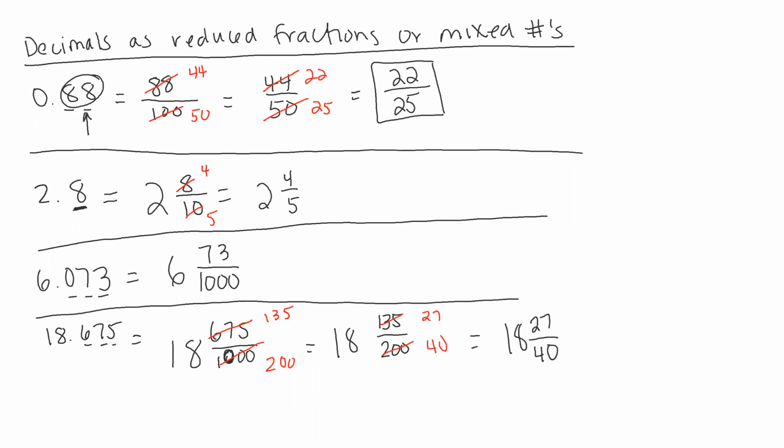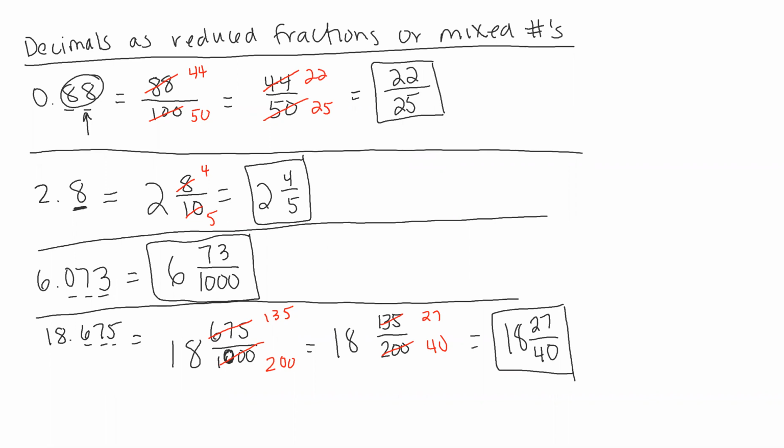So 18.675, or 18 675 thousandths, is equivalent to 18 27/40. Okay? So there you have it. It's pretty easy to take a decimal and to write it as a fraction or a mixed number. All right, kind of fun.